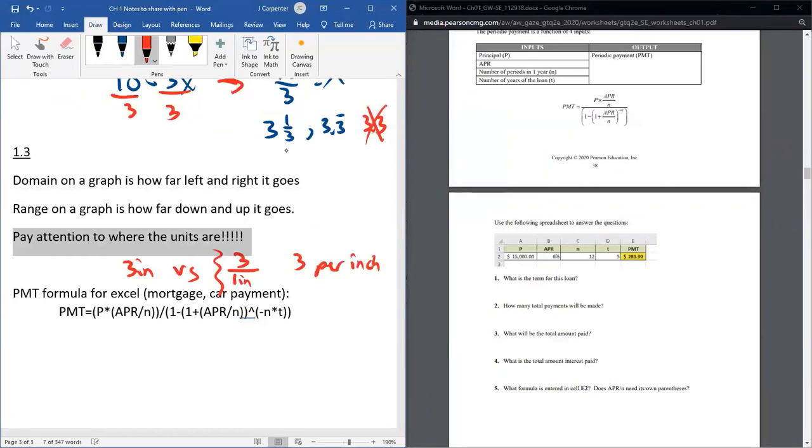The left one is 3 inches, the right one is 3 per inch. So whenever you have units in the bottom, it means there's a per involved, P-E-R, not like the cat sound. And this is going to be a common theme for many, many months once we get into chapter 3. Not as big of a deal for now, but a major issue moving forward.